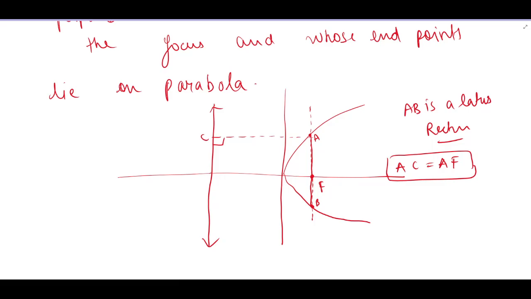So coordinates of C are minus a comma y, coordinates of A are a comma y, and coordinates of F are a comma 0.